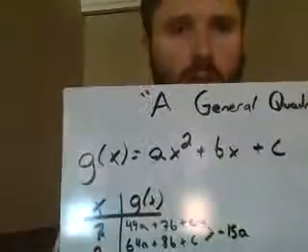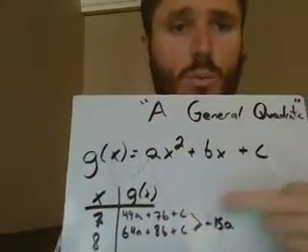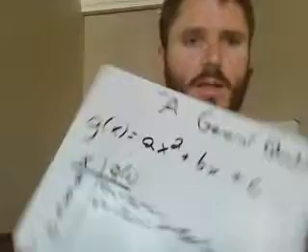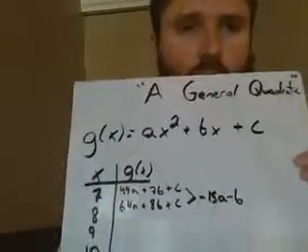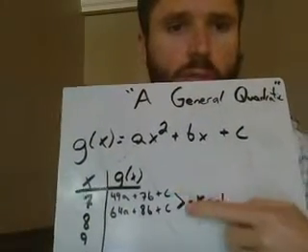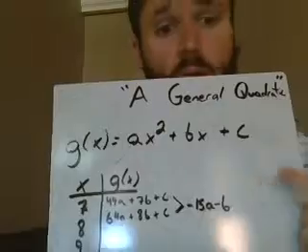And 7b minus 8b, well, that's negative 1b, or just negative b. And then we have c minus c, which is just 0, right? Those c's cancel out. So your first difference for these two outputs would be negative 15a minus b.